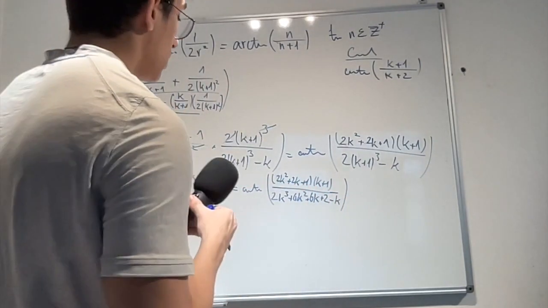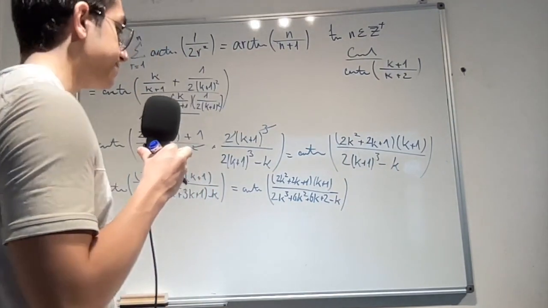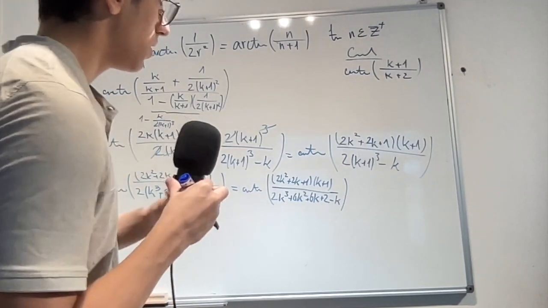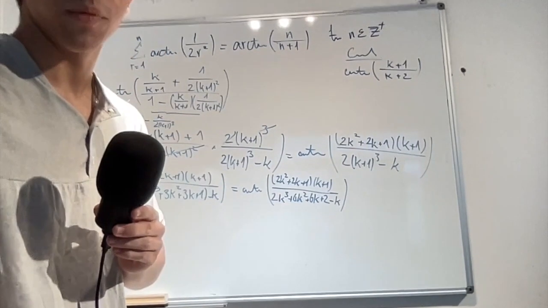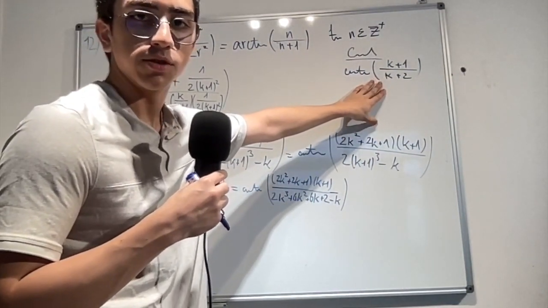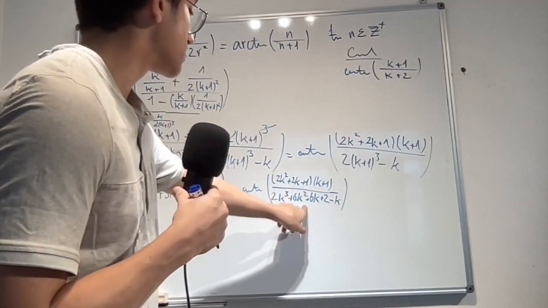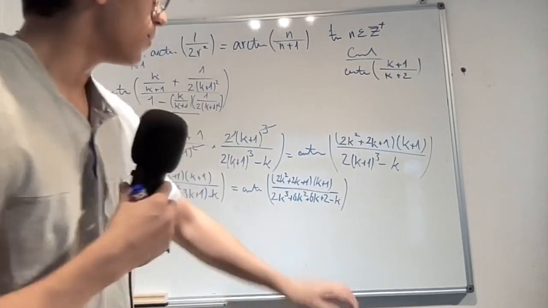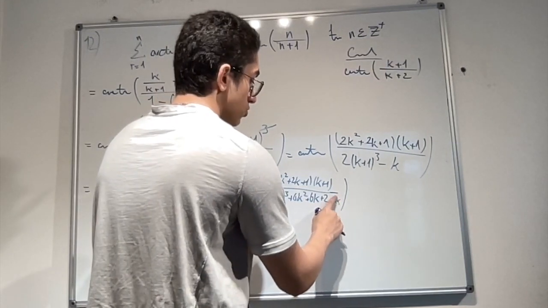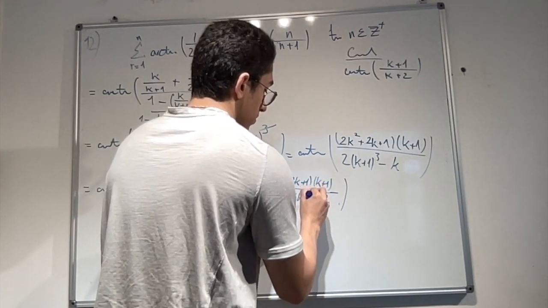Okay. Now this is the part where it gets a bit tricky. So you have to pay attention here, because our goal is to get this right here. So let's see, we got 2k cubed plus 6k squared plus 6k plus 2 minus k. So I'm going to subtract the 6k by k, so this is going to be plus 5k.